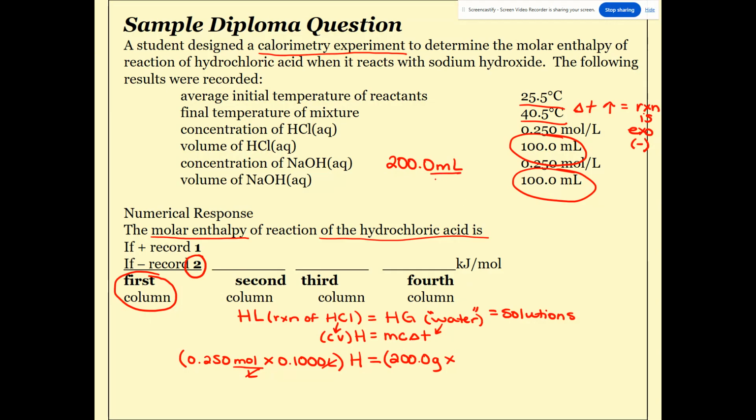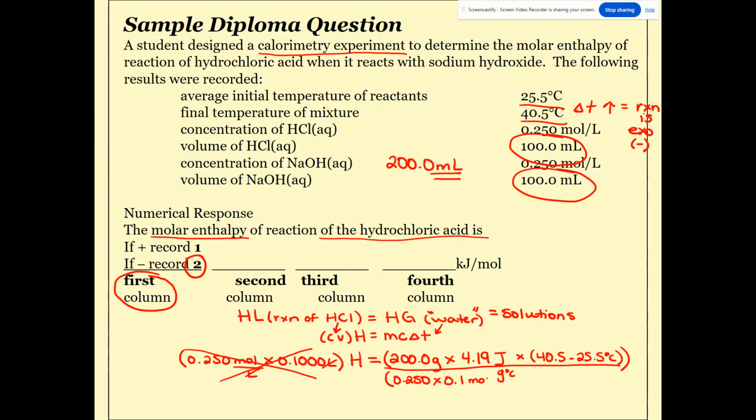The volume in milliliters equals the mass in grams. Water specific heat capacity is 4.19 joules per gram degree Celsius, and my temperature change is 40.5 minus 25.5. I always take the bigger number and subtract the smaller number. Okay? Now, again, to solve, I'm going to need to divide both sides by my n, which was 0.250 times 0.1.